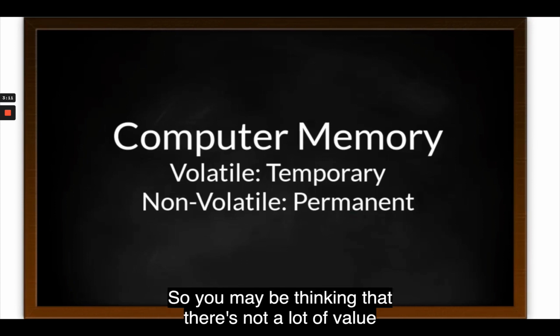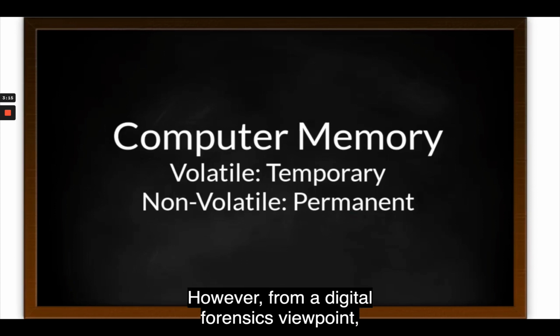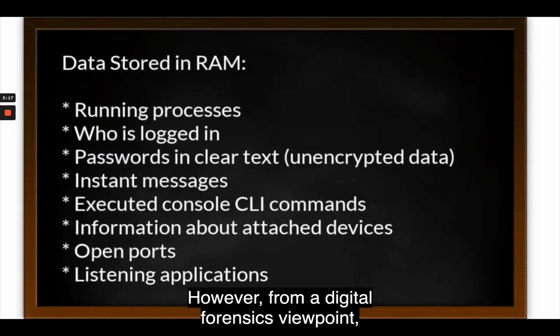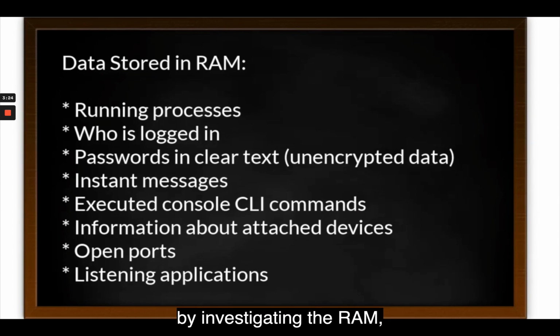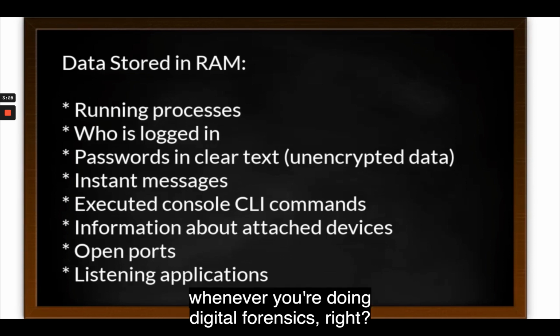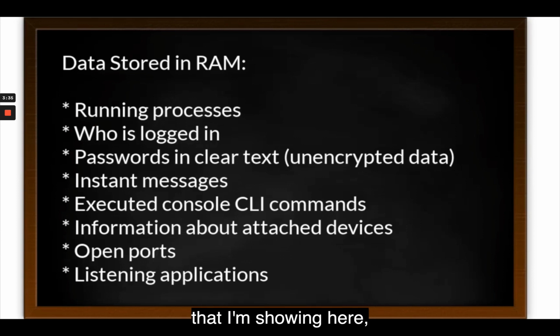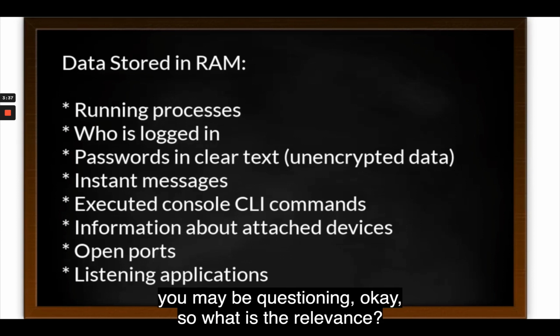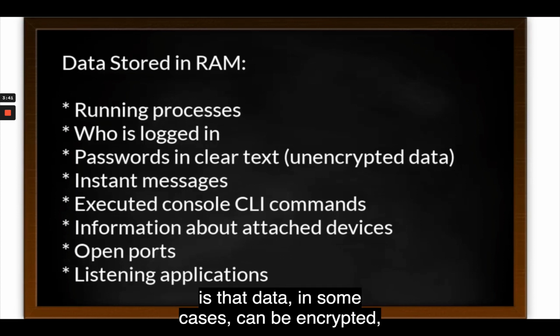So you may be thinking that there's not a lot of value in the data stored in RAM. However, from a digital forensics viewpoint, the list that I'm showing here includes data that could be obtained by investigating the RAM, and it can be extremely useful whenever you're doing digital forensics, right? To be clear about a few of these bullet points, you may be questioning what the relevance is. One thing to highlight is that data in some cases can be encrypted, of course, right?